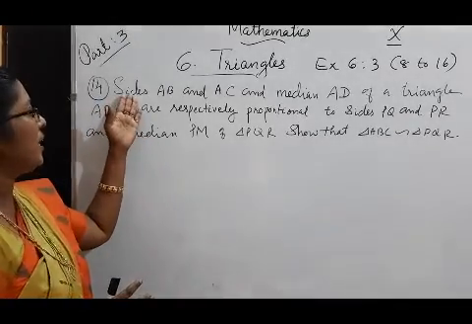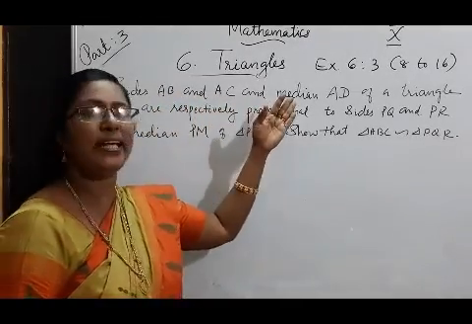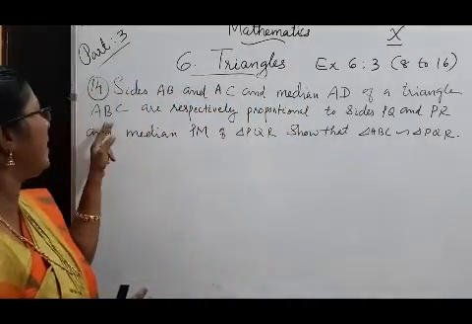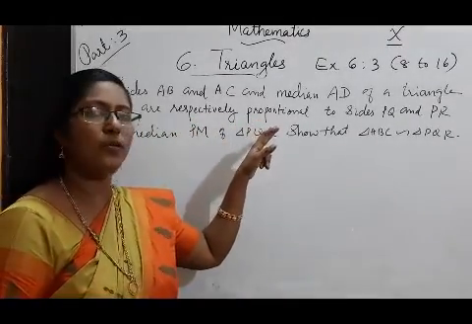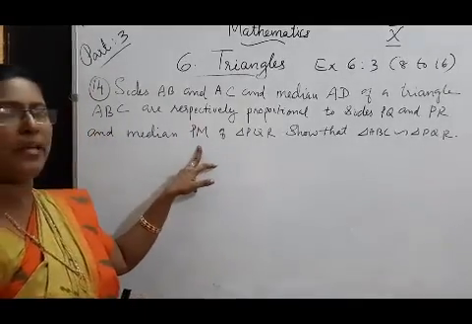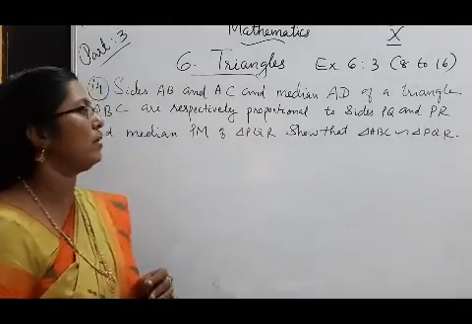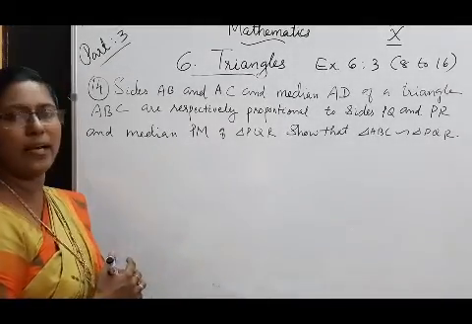Okay. Here I repeat. Sides AB and AC and median AD of a triangle ABC are respectively proportional to sides PQ and PR and median PM of triangle PQR. Show that triangle ABC is similar to triangle PQR.